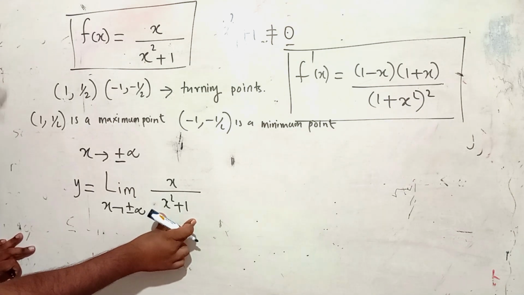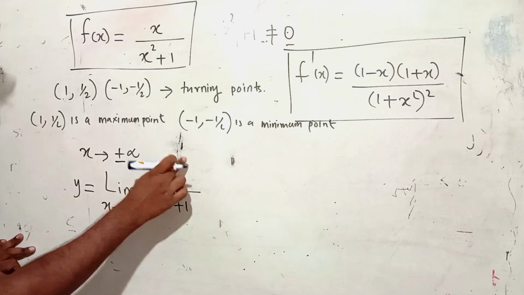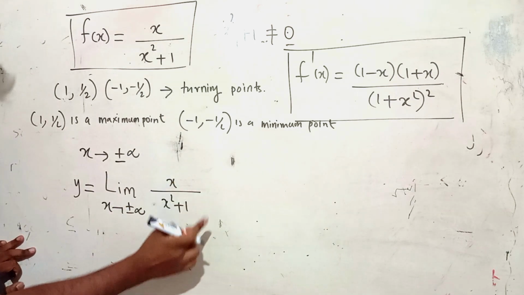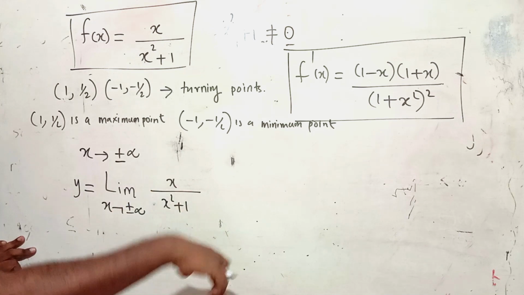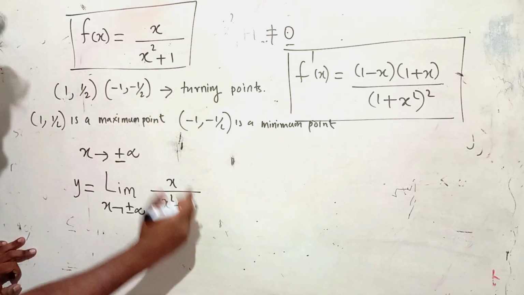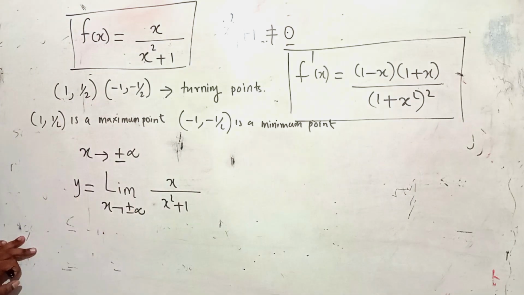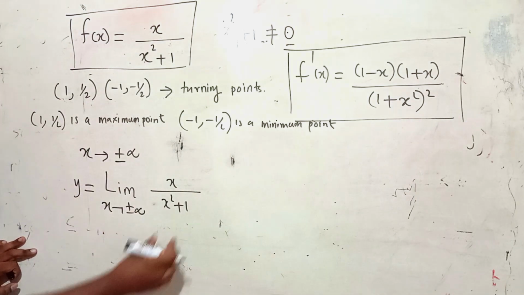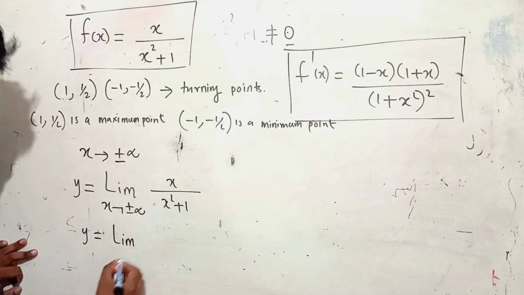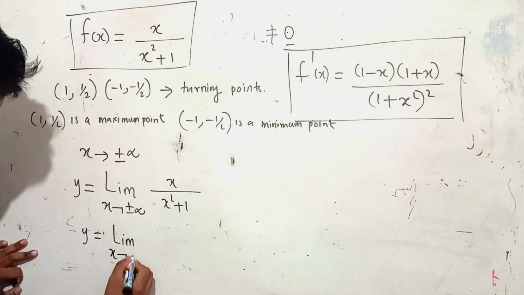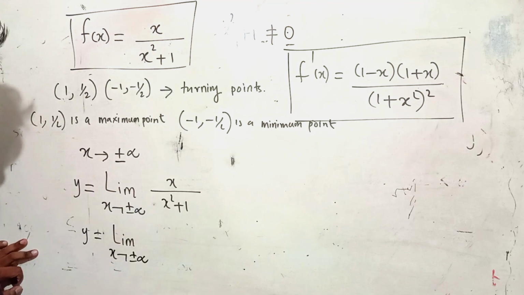So you have to divide both the numerator and the denominator by x squared. If the numerator were a third order polynomial, you would divide the numerator and the denominator by x cubed. So here you have to divide both the numerator and the denominator by x squared.